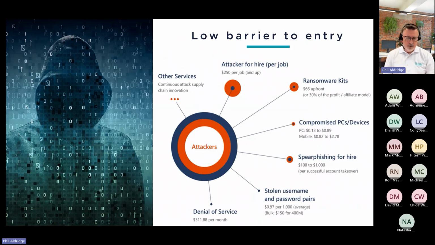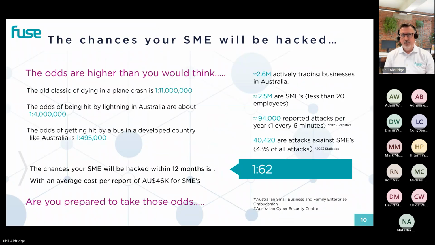And a lot of the time I hear people talking about whether or not the risk is actually there for a small business. Now, I put this slide together and I quite like this one. On the left-hand side there are things that we do on a daily basis where we accept the risk. So you fly on a plane, it's a 1 in 11 million chance of it being a plane crash.